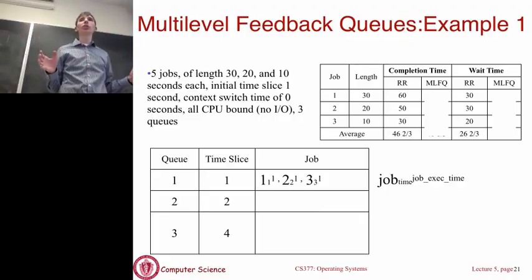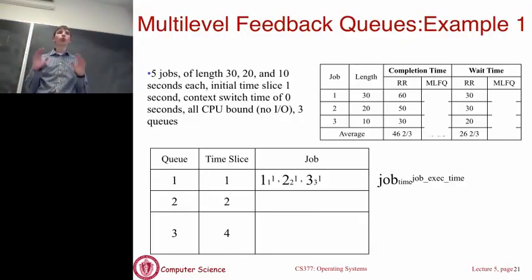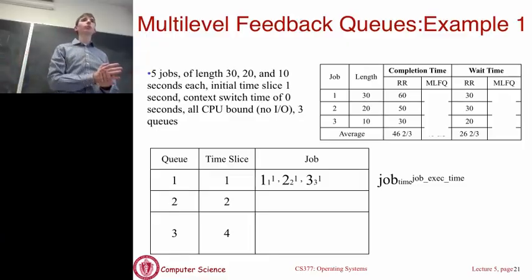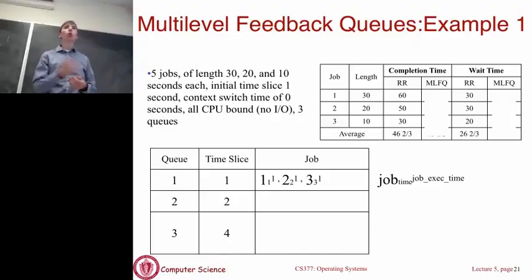So what is the next thing that's going to execute? Remember, we're doing round robin in priority level 1, and now there's nothing left with priority 1. So what do we execute next? Job 1, right. So we execute job 1, which now has priority 2. And how long are we going to execute that for? 2 seconds.